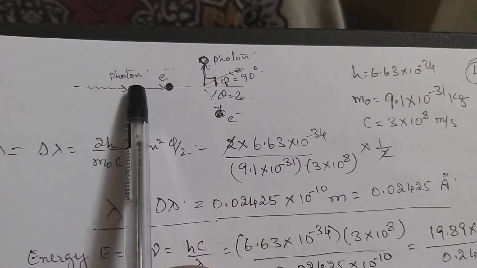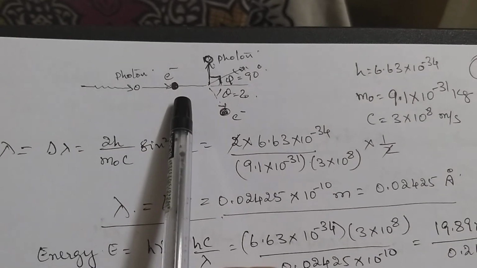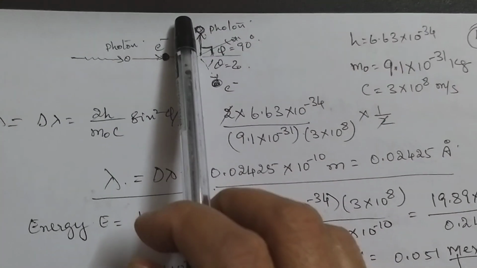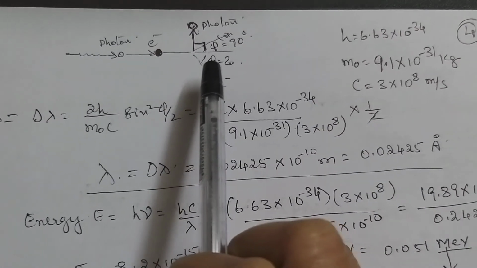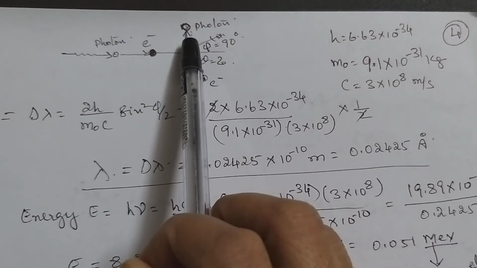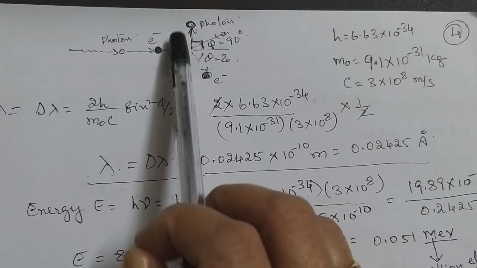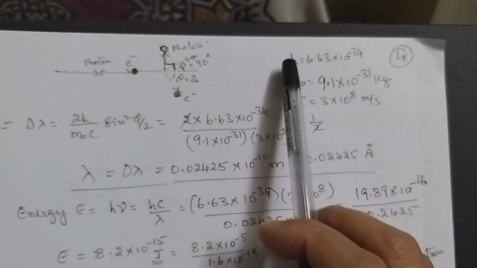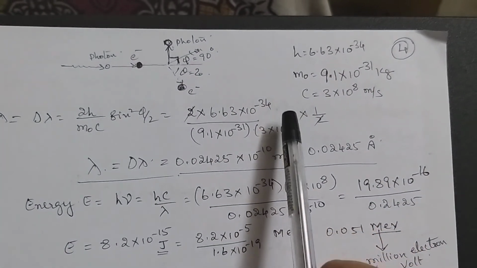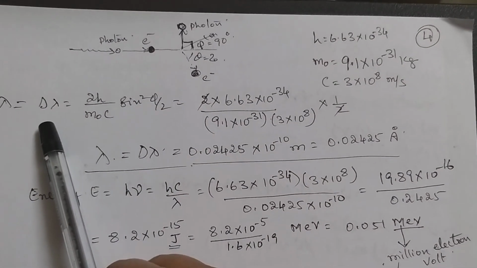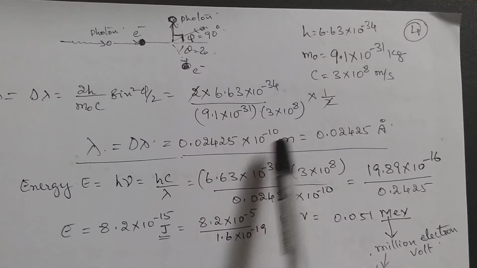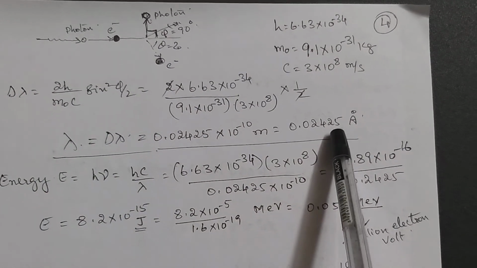You can draw the figure like this, just a photon and an electron, and the photon going at 90 degrees. You need not think of the electron in which direction it goes. So the angle is 90 degrees, x component 0, y component is there, and taking the values of h, m0, c, all given, you can calculate delta lambda here, and you will get it as something like this much.